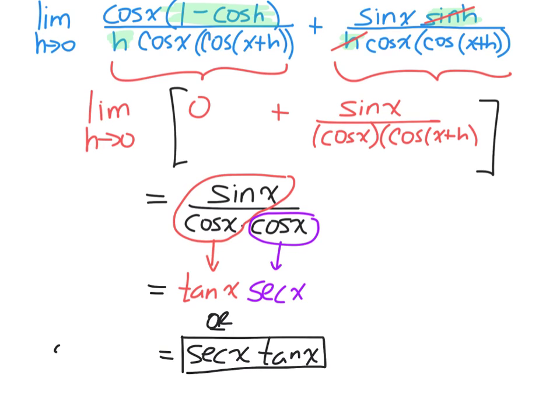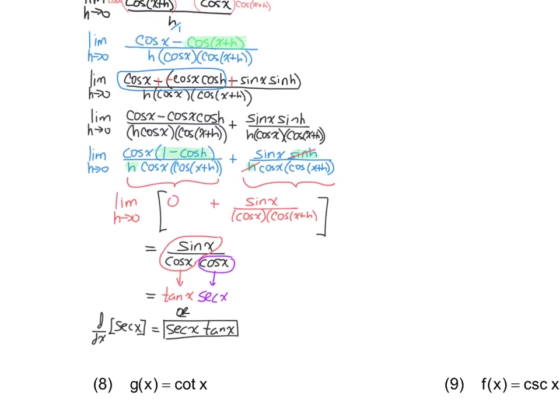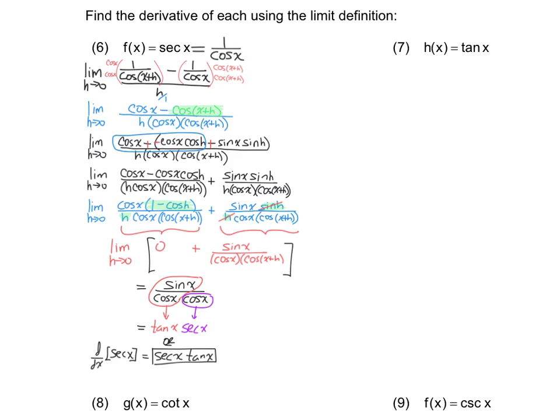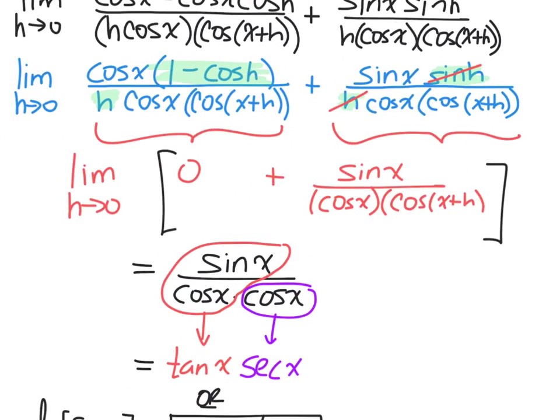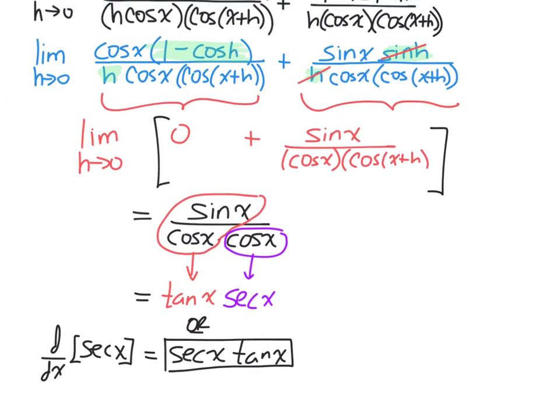So that would be the derivative with respect to x of my secant function. It's a significant departure from what we had, because sine was cosine, cosine was negative sine. Secant is somehow secant tangent.